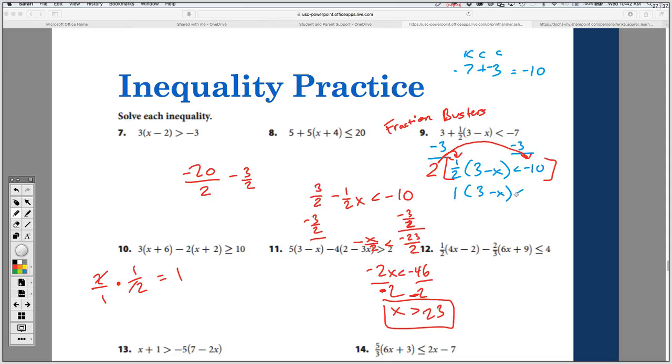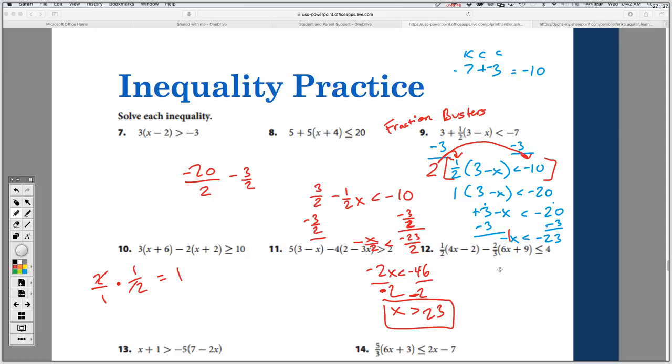So this becomes negative x, less than negative 23. Think of this as a negative 1. How do I get rid of that negative? Multiply or divide by another negative. So we're going to divide by negative 1, divide by negative 1. X is less than, negative divided by negative is? Positive. Good job. This becomes just 23.